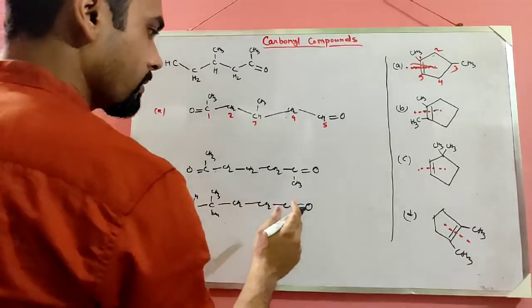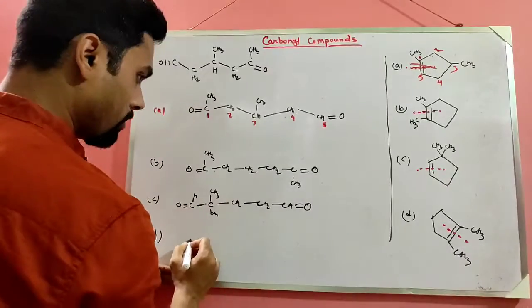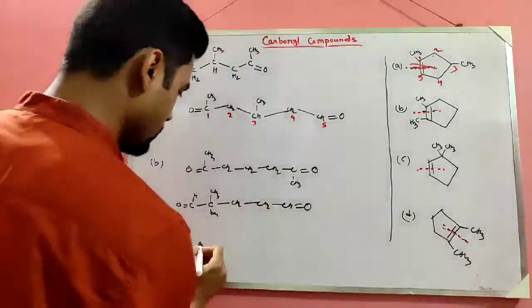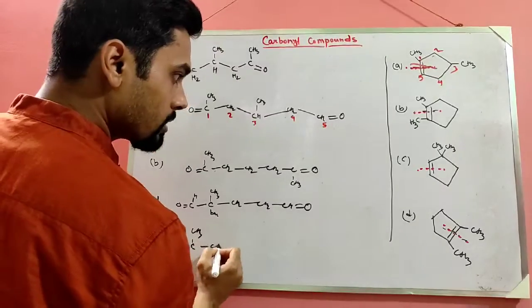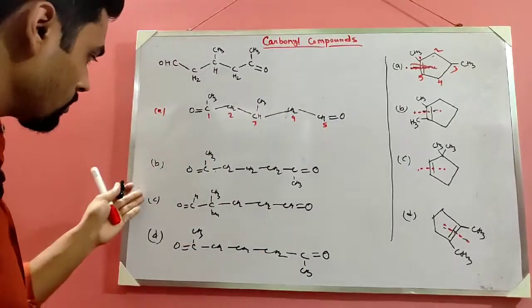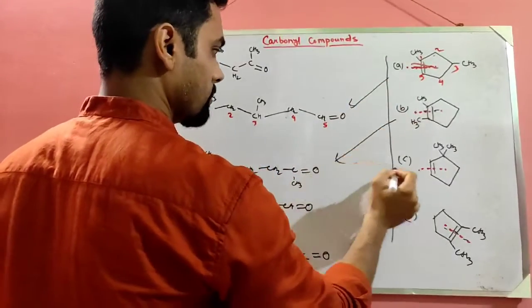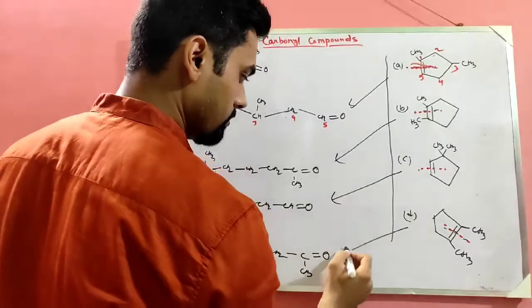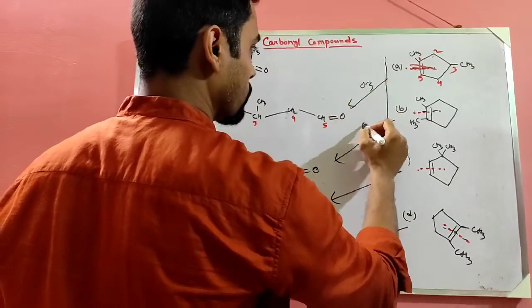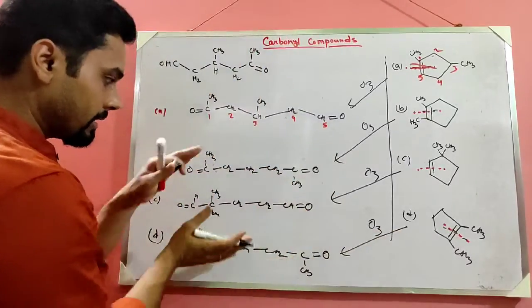And if we ozonolyze the last compound, we will get C CH3 double bond O, CH2 CH2 CH2 C CH3 double bond O. So these 4 products we will get after ozonolysis from the given compounds. Ozone followed by zinc water gives these products.